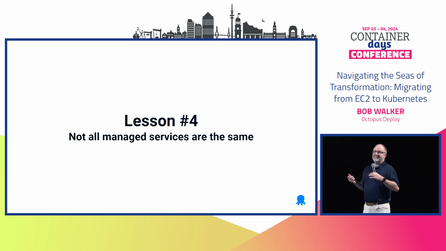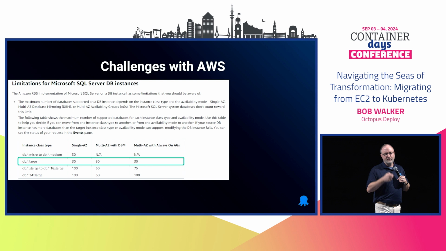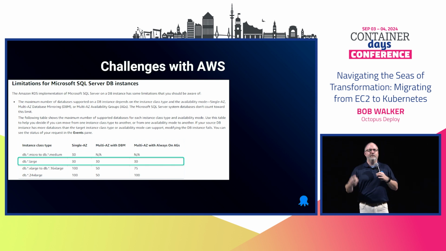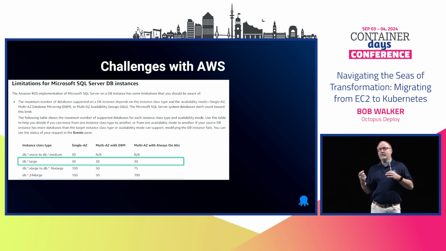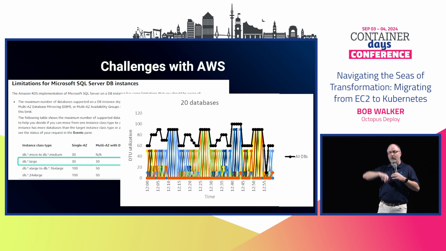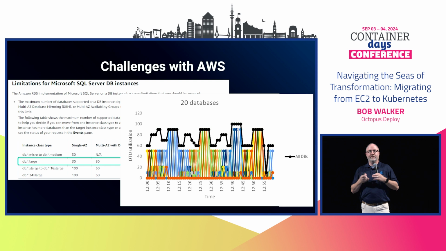But then we learned not all managed services are the same. So we were running on AWS, and we were using AWS RDS as our database backend. But anyone who has tried to increase density on an AWS RDS instance will probably run into this issue where they have a finite number of databases that you can add. And we would do research and we would see that at no point were all of our databases in a situation where we were consuming all of the resources collectively.